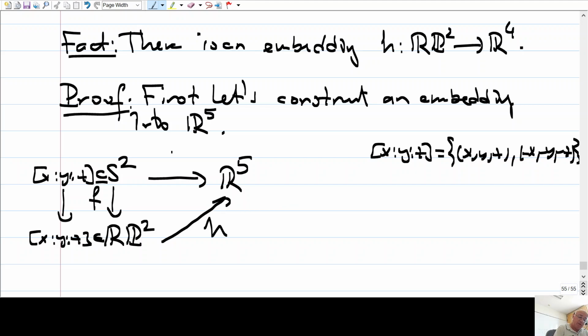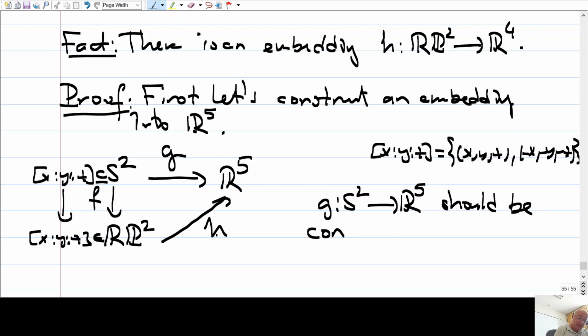Well, if there is a map, of course, then this composition gives me a map like this. And this G from S2 to R5 should be constant on each equivalence class, right? If there is an H like this, G should be constant on each equivalence class.